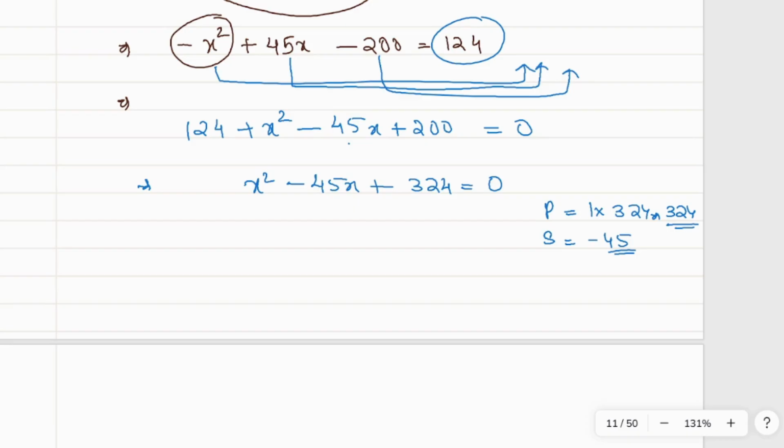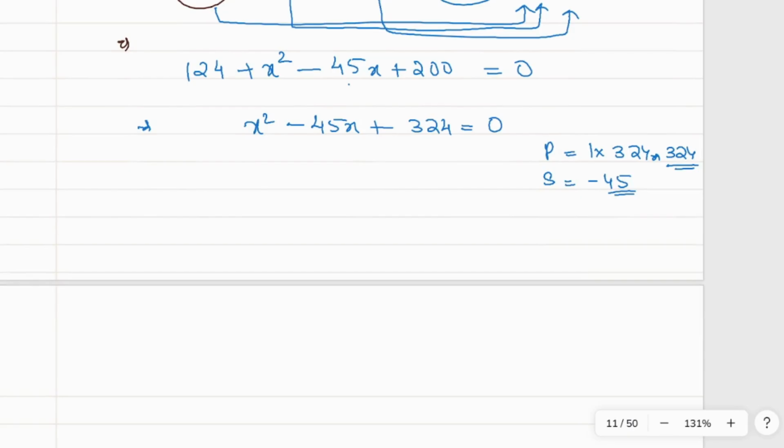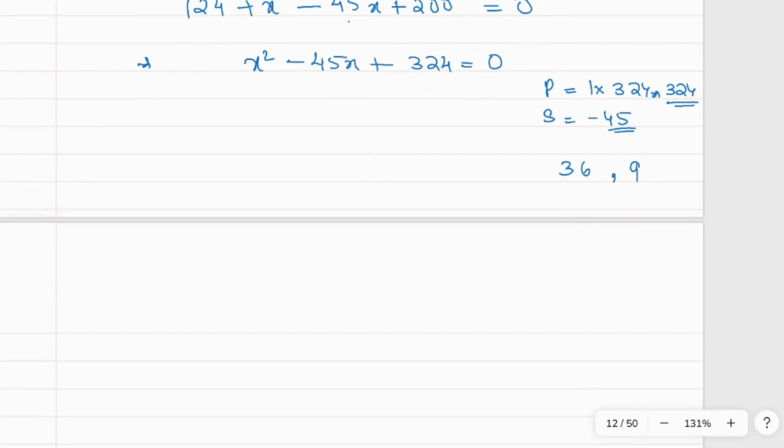After the trial and error method, we get the numbers as 36 and 9. 36 plus 9 equals 45. 36 into 9 equals 324. But here the value is minus 45.